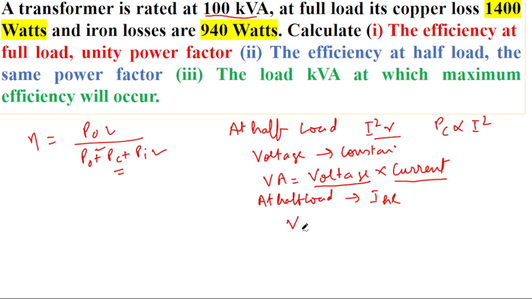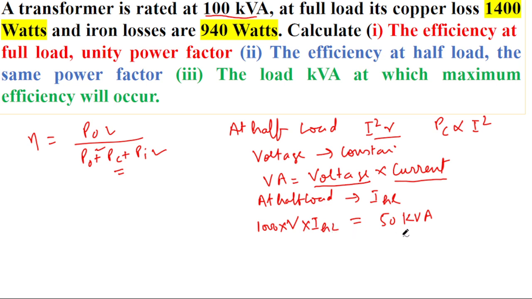So V multiplied by IHL, because the power factor is unity, is equal to 50 kVA, which is 50% of 100, right? And here I multiply it by 1000, so 1000 multiplied by V multiplied by IHL, okay, where IHL is the current at half load.